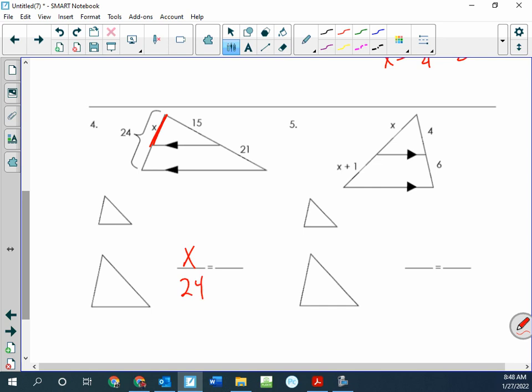If we go x over 24, I'm going top to whole. I need to match that up with top to whole. So what's the top on the other side? 15. And what's the whole on the other side? Not 21. 36.